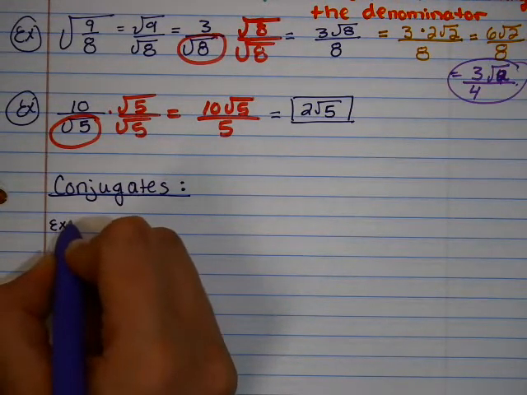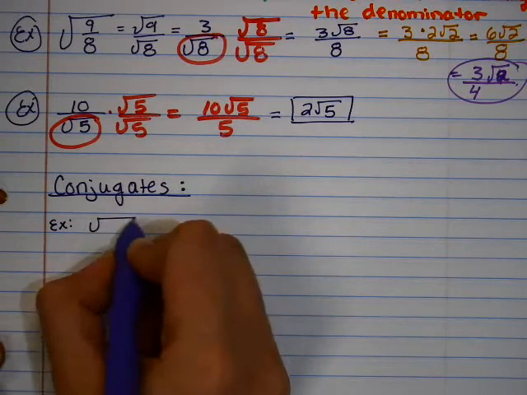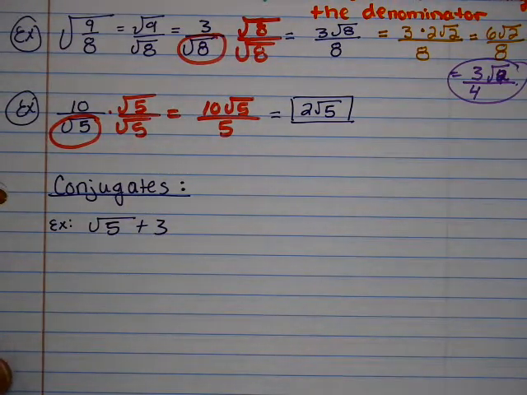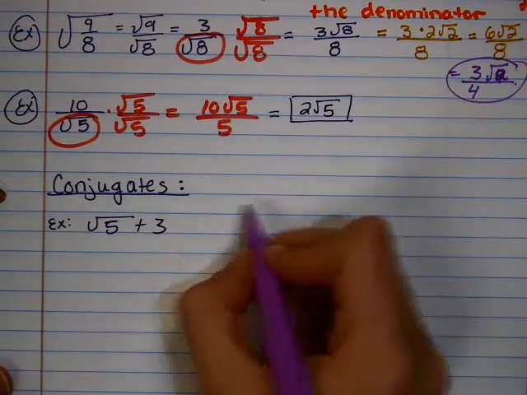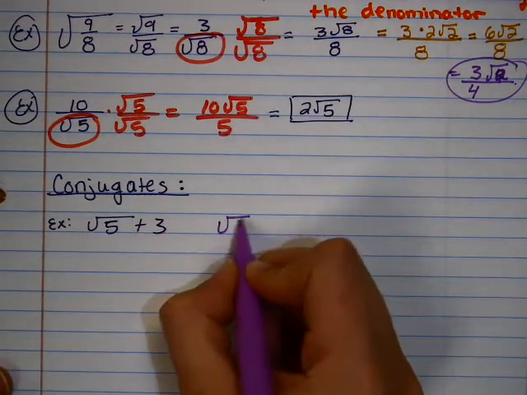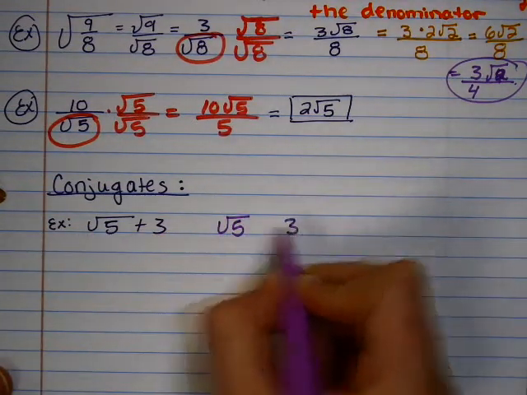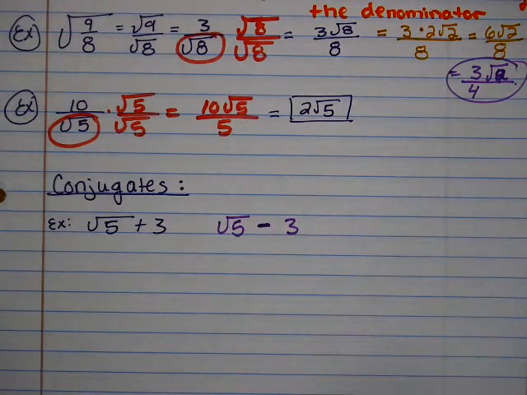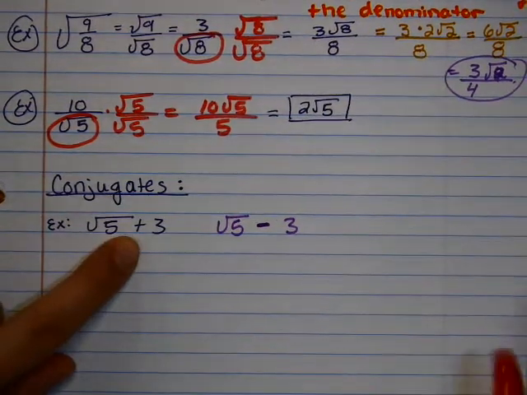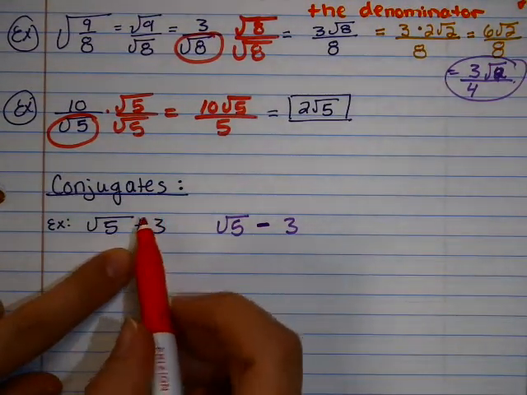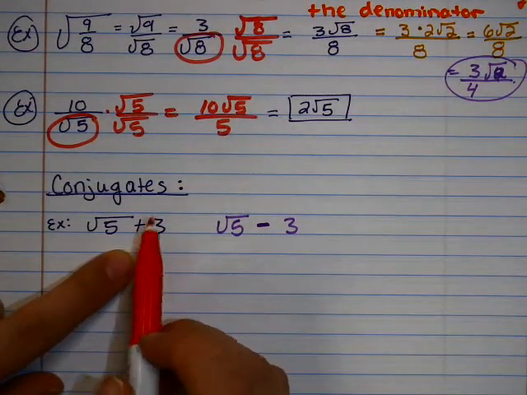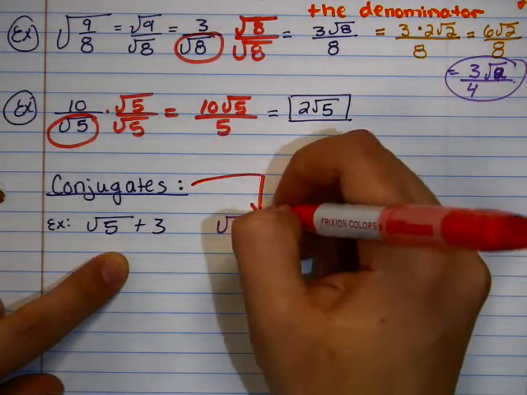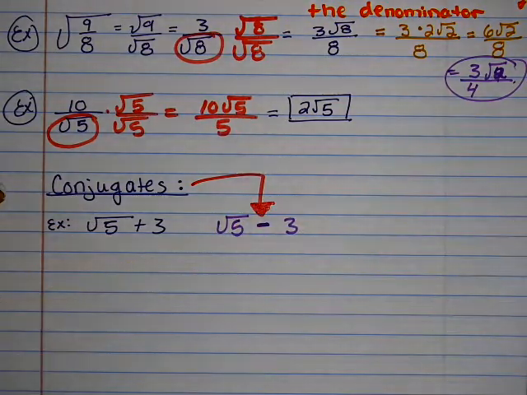If I start with the square root of 5 plus 3, my conjugate is going to be the same square root of 5, the same 3, but what changes is the minus. So whatever I have, if I have a plus or if I have a minus, the conjugate will change the sign.